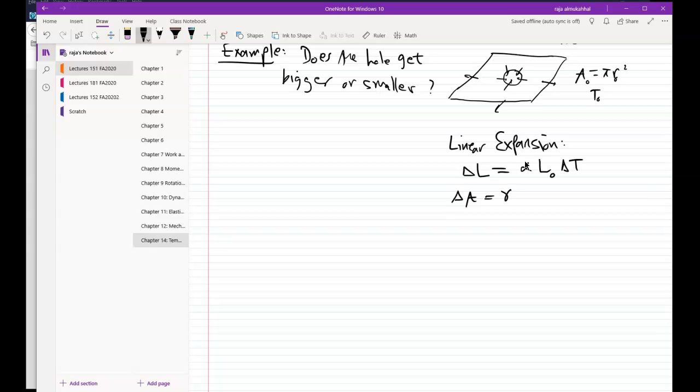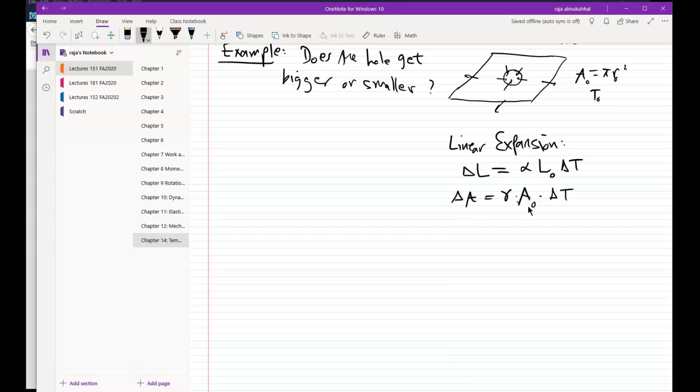gamma L naught. Hold on, I want to make sure your book uses gamma, not beta. I'm sorry, 1 second. Yes, gamma. Gamma A naught, not L naught, sorry, times delta T. What that means is that A naught here is the original area of that surface, okay?